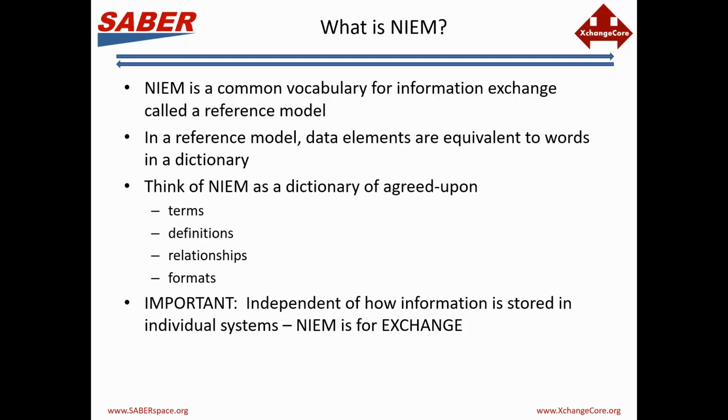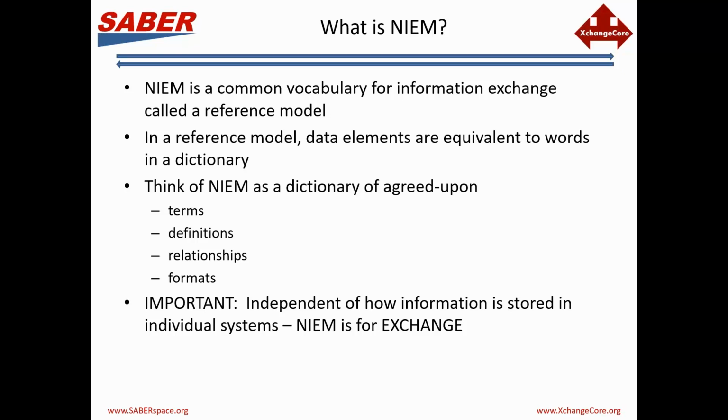So in that reference model, there are things called data elements, which are the words, equivalent to words in a dictionary. So the data that I'm going to see up on a screen, you've got a screen and it says, extent of damage. Well, that's a set of words that are now going to be defined by NIEM with a bunch of agreed upon terms, definitions for that word, relationships, formats, all those things that help you understand language.